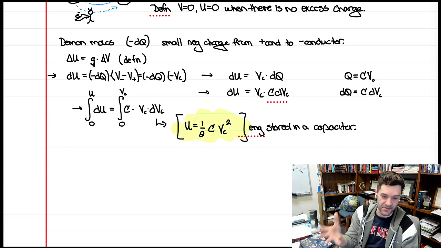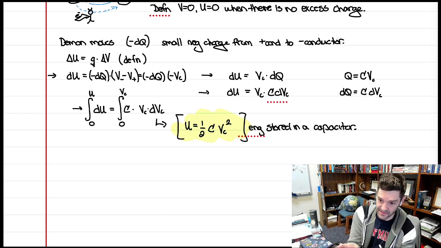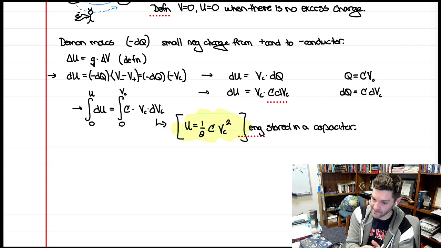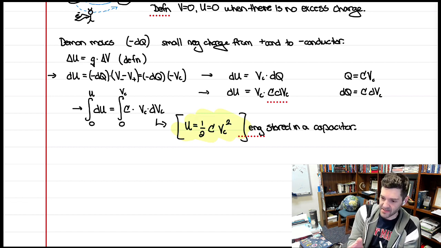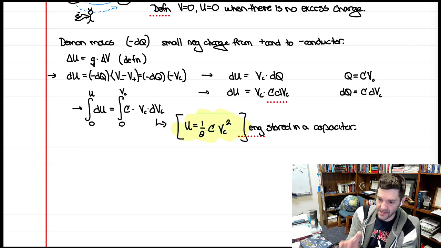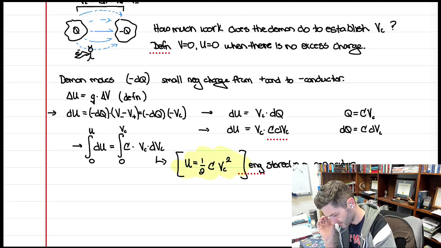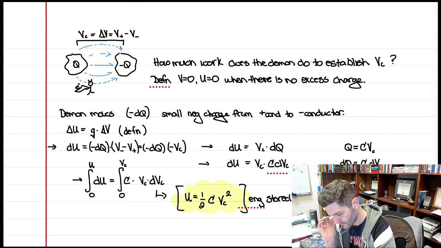When you have a capacitor that has some capacitance, we still need to figure out how we can figure out capacitance. When you have a capacitor that has a given capacitance, so C, the constant, is known, and you establish a particular potential difference across the capacitor, that stores energy. That creates an electric field between the two conductors. That electric field didn't come from nowhere.